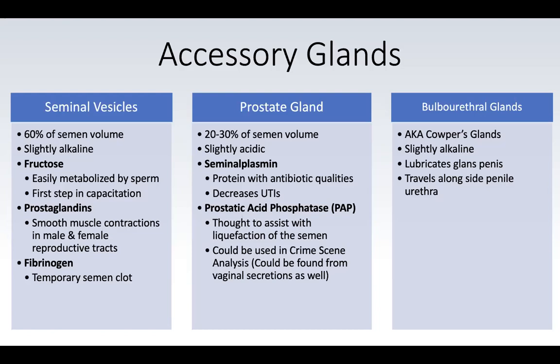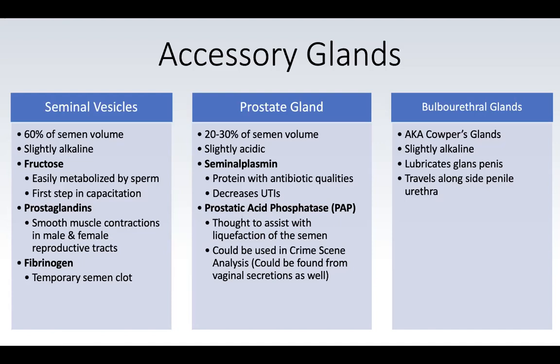The prostate gland is responsible for a slightly acidic solution, not more than the alkaline solution that the seminal vesicles provide. Keep in mind that the bulbourethral glands also produce a slightly alkaline solution. So overall, semen or ejaculate fluid is going to be alkaline in nature. The prostate gland will have seminal plasmin. This is a protein with antibiotic qualities.